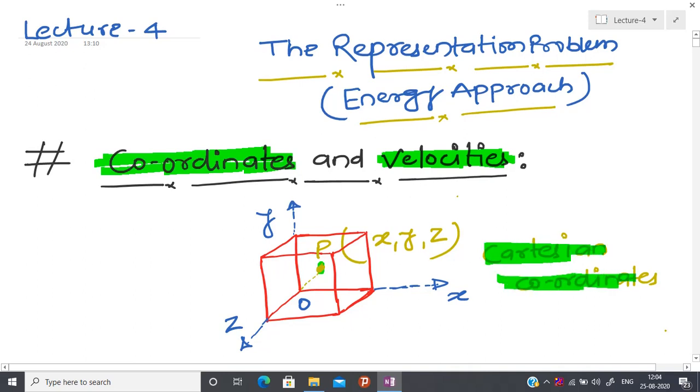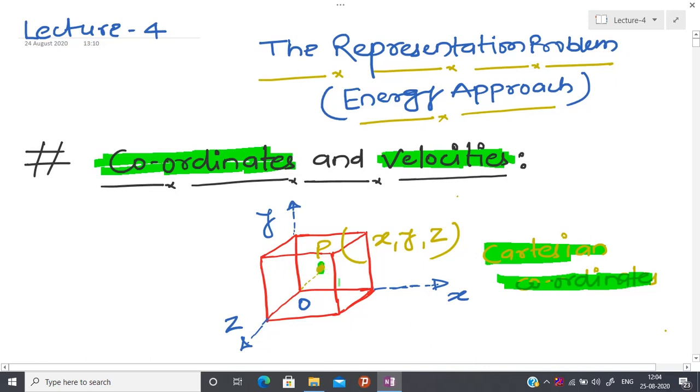So I have x, y, and z. Here I have just considered the translation. Suppose I also consider the rotation, then I have three more coordinates, that is theta, phi, or psi. So I am going to use 6 different coordinates to specify the position or state of some mechanical object.